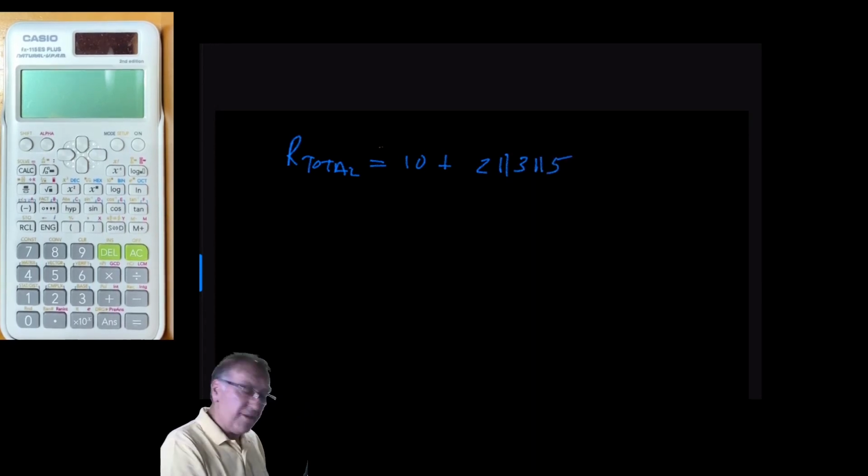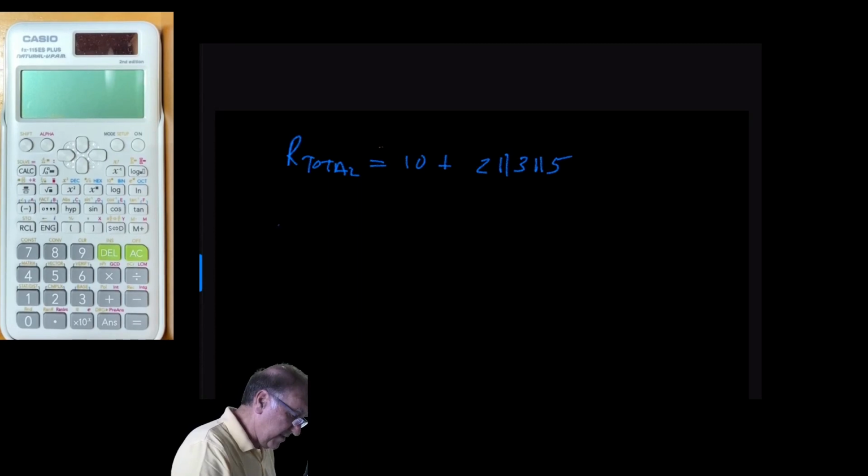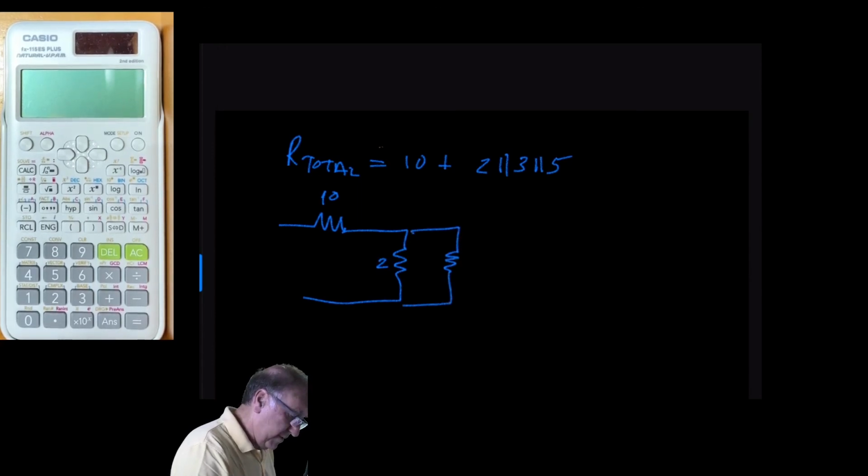So let's draw that circuit. Looks like this. 10 ohms, parallel with 2 ohms, parallel with 3 ohms, and parallel with 5 ohms.